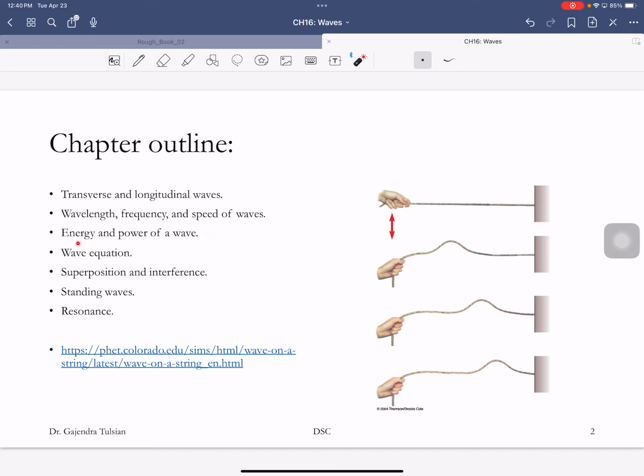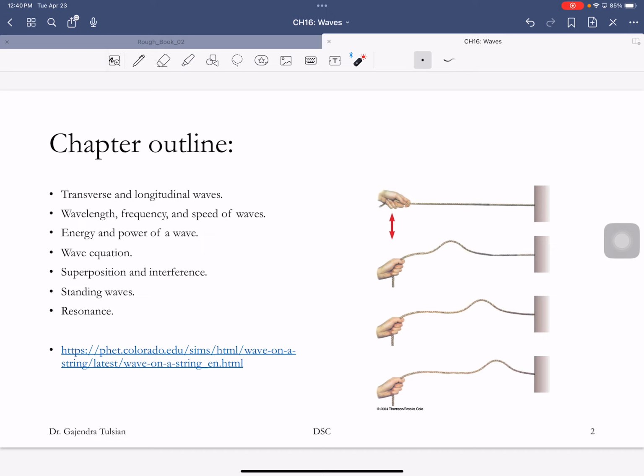Yeah. You saw that all waves carry energy. Okay, and so we'll give you the equation for energy. We'll show you the wave equation. That is the mathematical model, or that's the equation that the string, that vibrating medium, obeys. Okay? And we'll talk about strings and then superposition and interference.